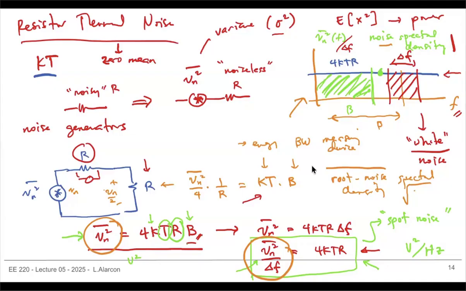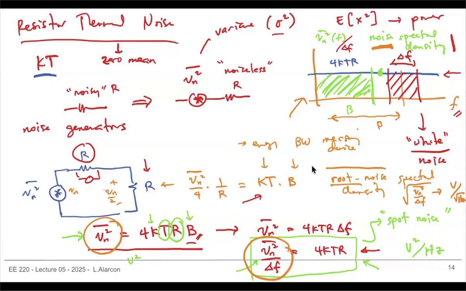That means I plot the square root of Vn squared over delta F. But this has very weird units: volts per root hertz. Some people like this because you're talking about volts, but it's not a convenient way because of the weird units, the square root of hertz. When you run simulations, you can specify whether you want the noise spectral density or the root spectral density, and ngSpice or Spectre will plot it accordingly. Any questions?